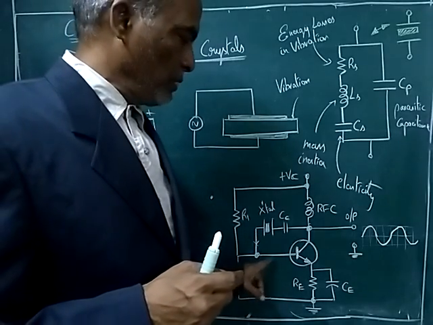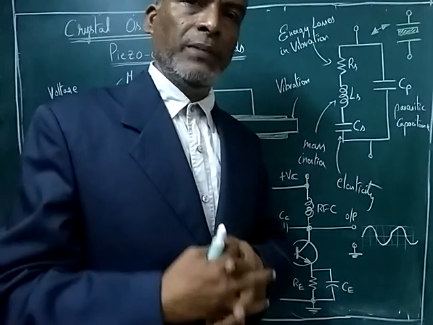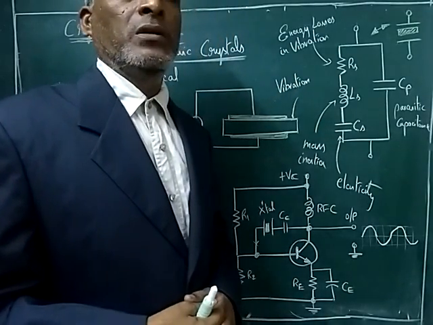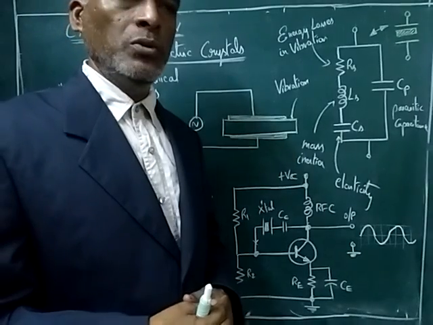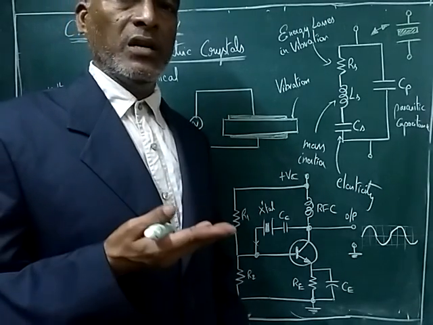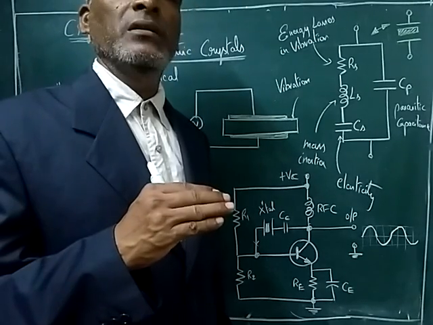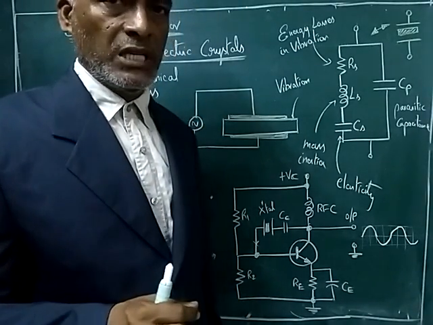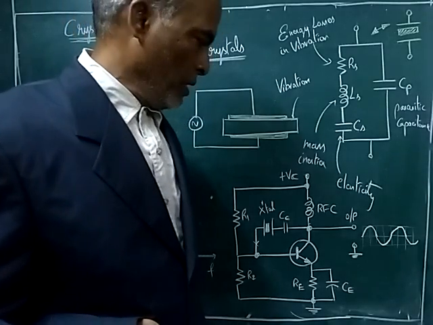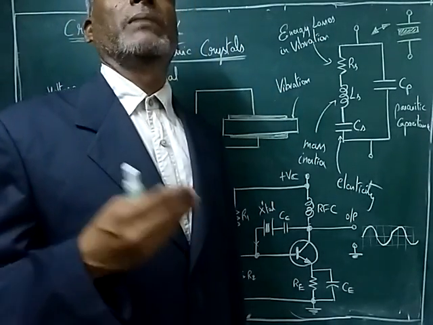That frequency goes to the transistor, and it has to satisfy the Barkhausen criteria. What is the Barkhausen criteria? The magnitude of A beta should be equal to 1. That means during the starting of oscillation, it should be greater than 1. To maintain oscillation, it should be equal to 1. If it is less than 1, you will see only damped oscillations, you won't get any output. Then the total phase shift around the loop must be an integral multiple of 2 pi.